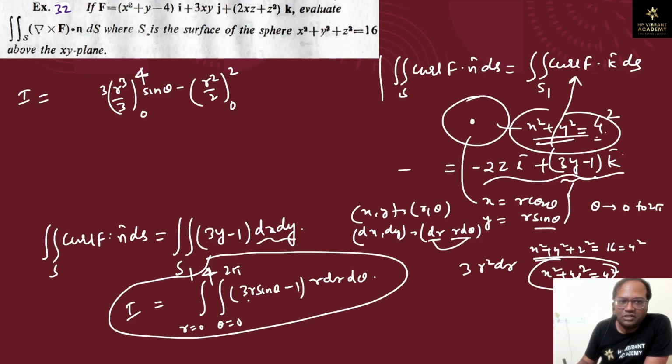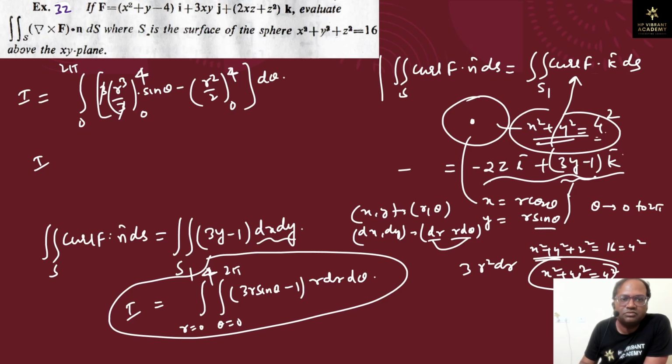Okay. So 3 times this is r square dr, so r cube upon 3. Okay, minus this is r dr, so this is r square upon 2. So the limit is 0 to 4, and this is d theta, theta is 0 to 2 pi. So I is equal to, this gets cancelled.